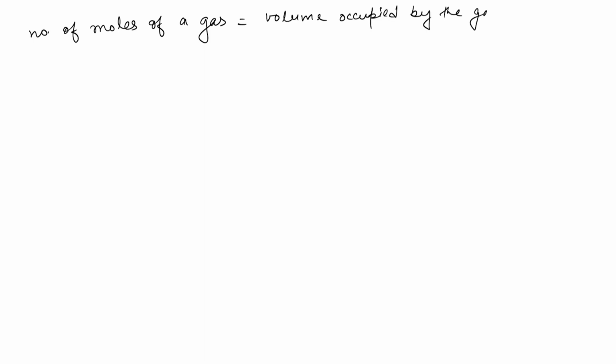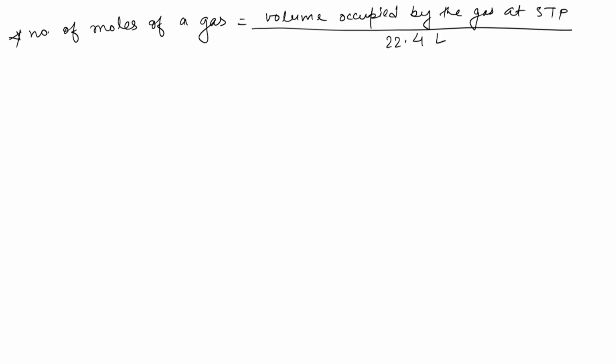So, we can also say that number of moles of a gas is equal to volume occupied by the gas at STP divided by 22.4 liters. This is another formula.